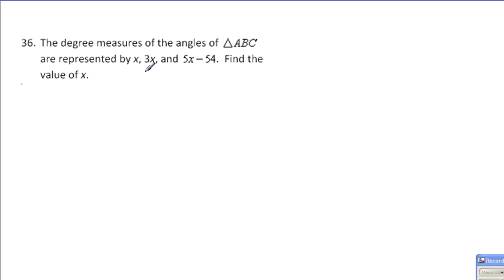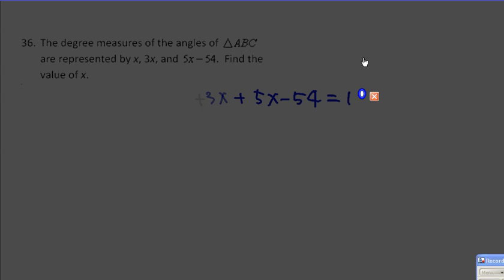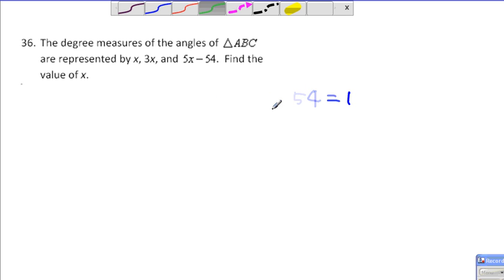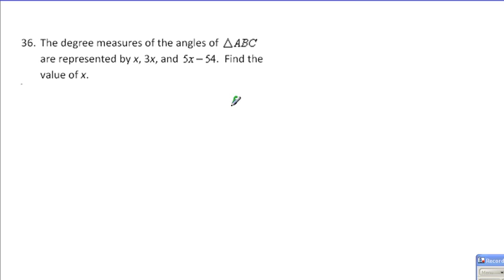So these three, we just have to add up to be 180. Same idea, x plus 3x plus 5x minus 54 has to be equal to 180. Whoops, I guess I have to use the wrong marker. Everything erases, yes.